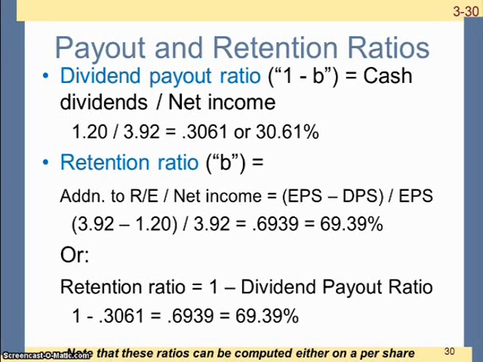For example, a company that earns $3.92 a share and pays out $1.20 a share has a payout ratio of 30.61%. A higher ratio indicates that a company pays more in dividends and thus reinvests less of its earnings into the company.